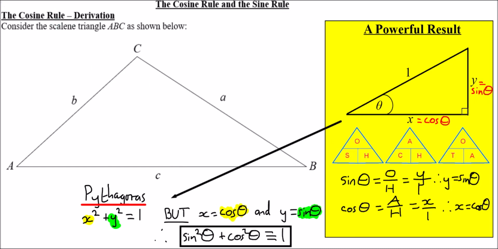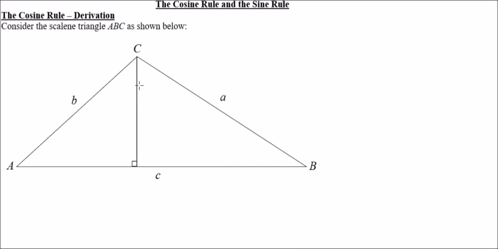So you've got this diagram in front of you. The first thing I want you to do is to drop down a perpendicular line from angle C down to AB, and put in a little square there to denote that the angle here is a right angle, as is this angle here.